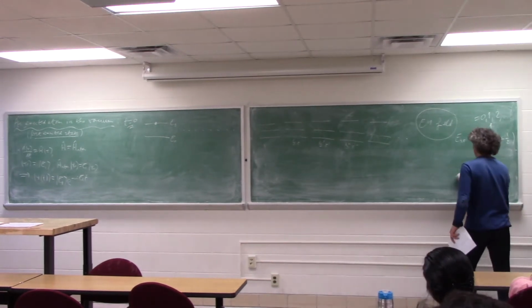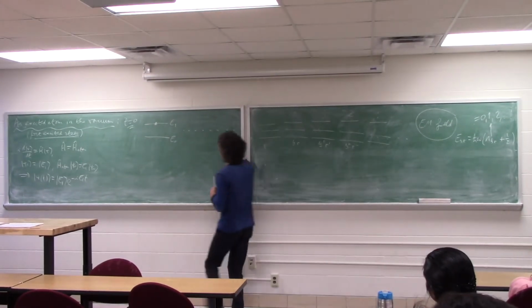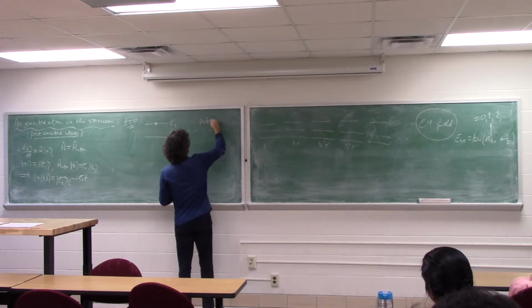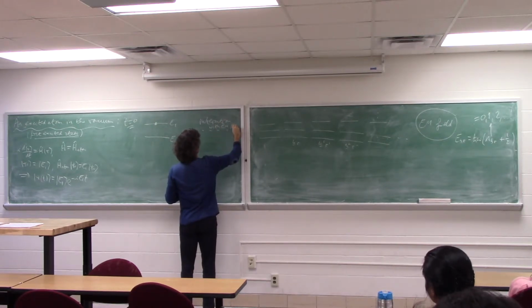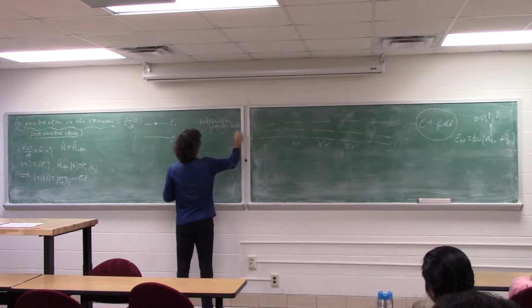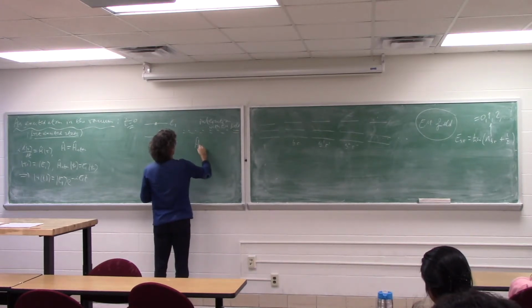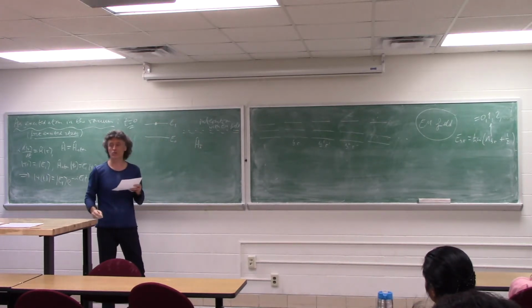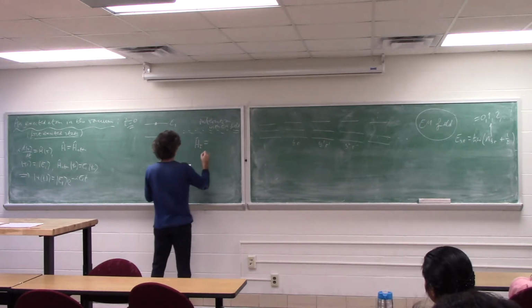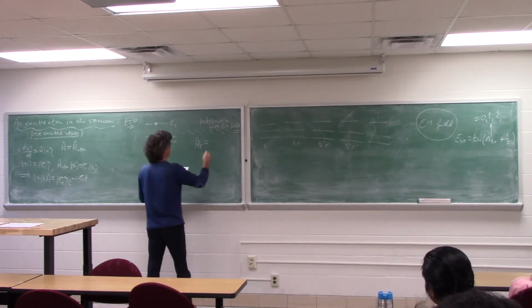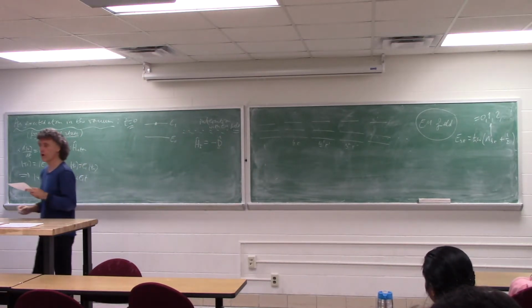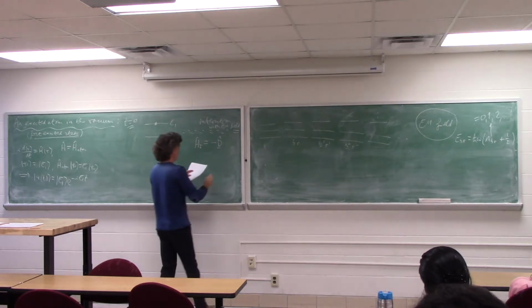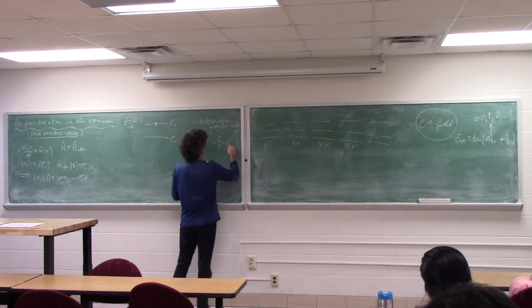And a common interaction Hamiltonian with the electromagnetic field that we'll study a bit later on is that you take the dipole moment operator of the atom, and this is only an approximation, but it is a good approximation.